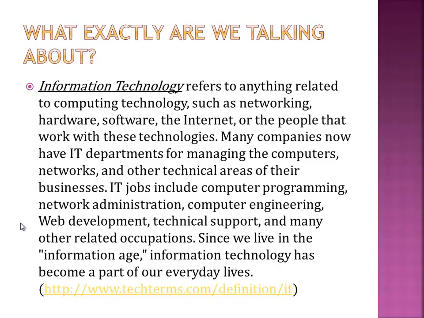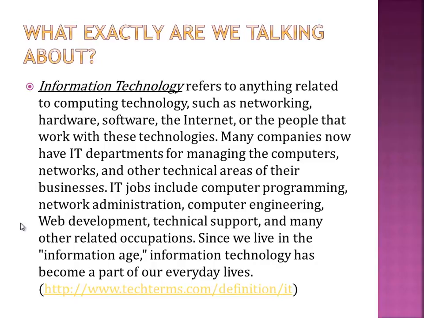You'll see here that information technology, basically, are two words that refer to anything related to computing technology. We've already established that a computer is that universal machine for processing data. And then the definition goes further. It basically gives examples. It talks about computer networking. It talks about the internet.